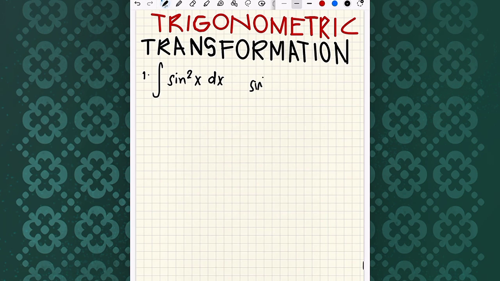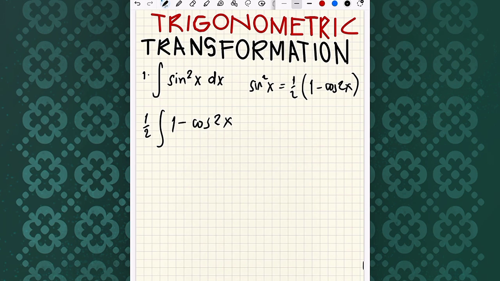Sine squared x is equal to 1 half times 1 minus cos 2x. So substitute it here: 1 half integral of 1 minus cos 2x. We just substitute the identity.